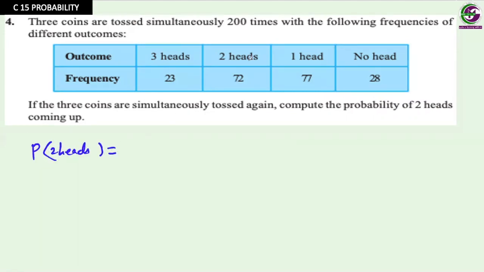From here, which is 72 out of 200. When we take a large data, this result will be a general data. Anytime when you try this, you will get an approximately equal value, which is equal to 18 out of 50 when you divide by 4, which is 9 out of 25 when you divide by 2.